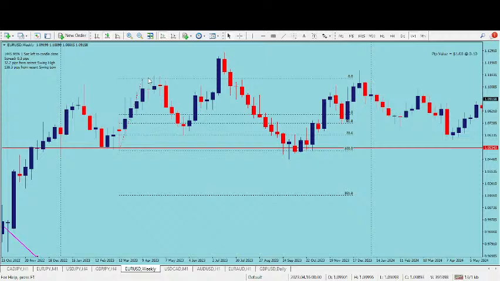So these areas are very important. The 50, 61.8 and 78.6 levels are very, very important. Okay? But I will explain this one. This is going to be a different tutorial altogether.